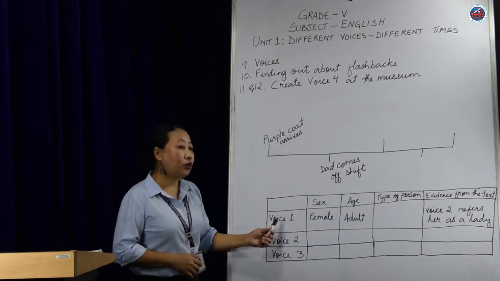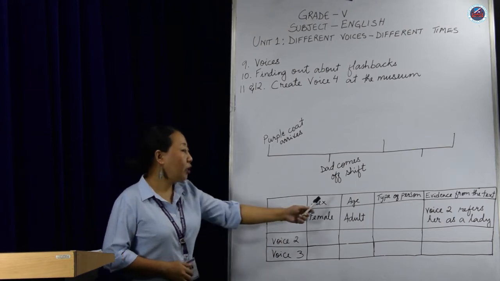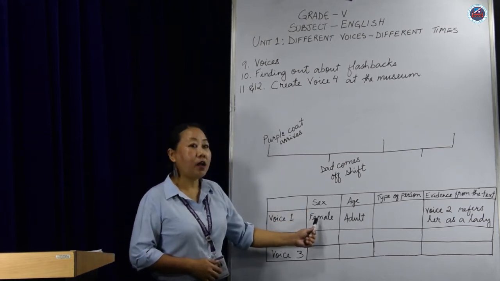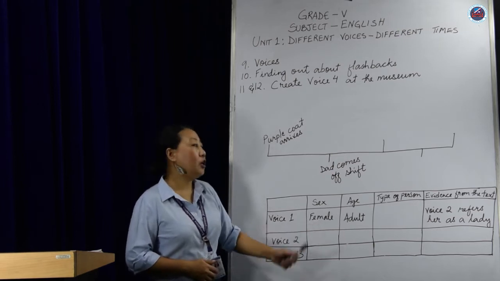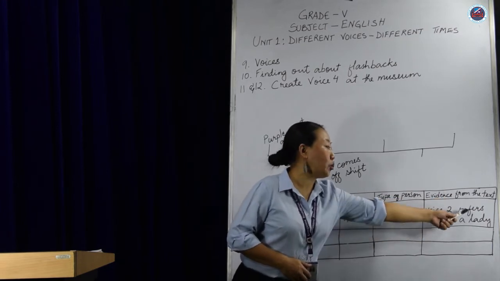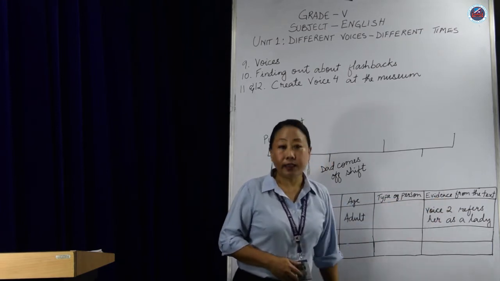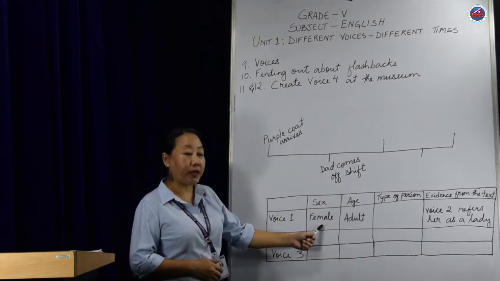Now, when we look at the first voice, that is voice 1, we have written here female. How do we know that voice 1 is a female? We get the evidence from the text where voice 2 refers to her as a lady. So voice 1 is a female.